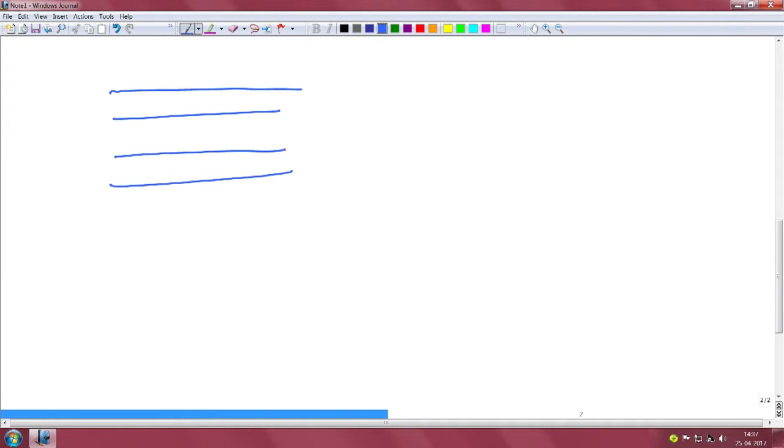So, we have two waveguides very close together, waveguide 1 and waveguide 2, and this length is important, as I said. This is the length of interaction and we have the refractive index of the first waveguide as n1.